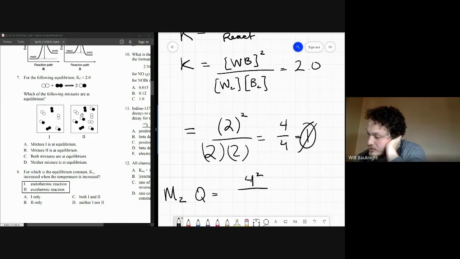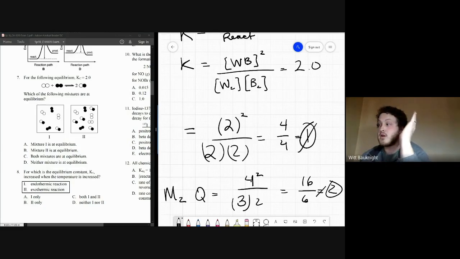How many white pairs do we have? 1, 2, 3. How many black pairs do we have? 1, 2. So this is equal to 16 over 6, which is not equal to 2, again. So it turns out that the correct answer for this is D, neither mixture is at equilibrium.